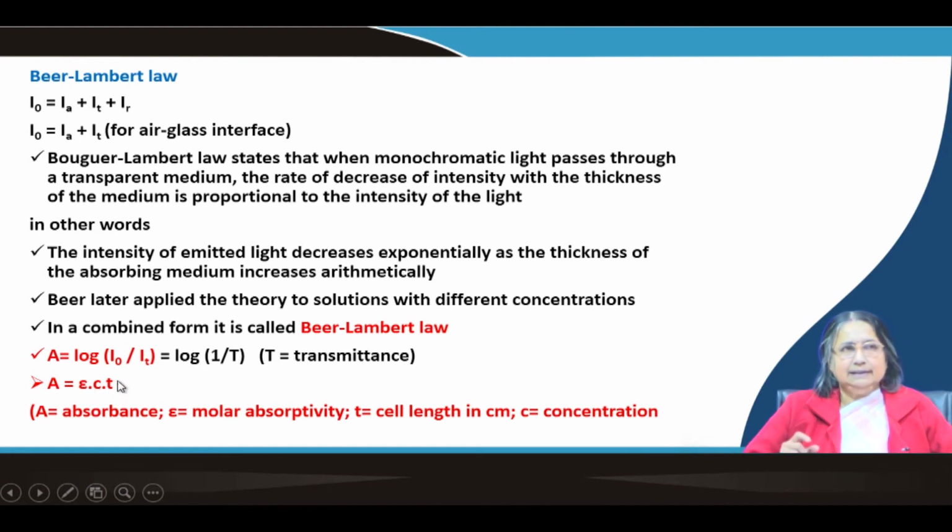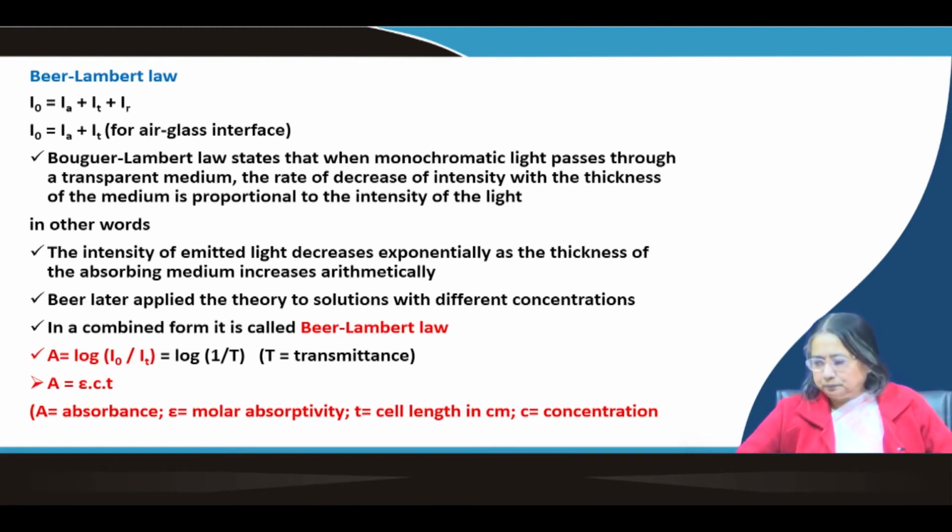The path length we keep constant at 1 centimeter, and C we are varying. So, absorbance will vary with C, and it is a straight line equation passing through the origin. When we do this calibration, it is called Beer's law calibration.